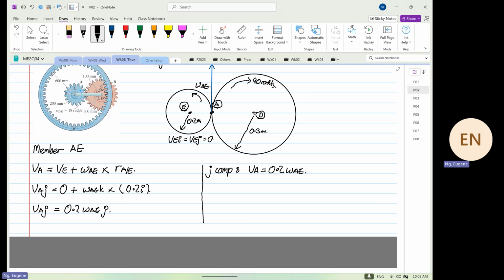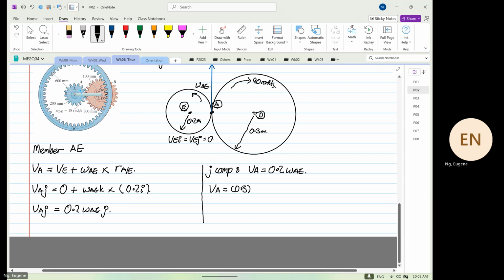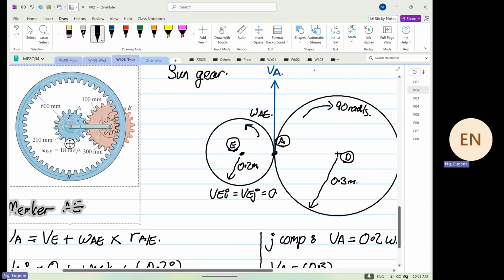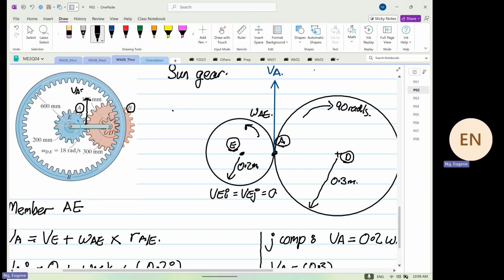So VA, we can use what? If we go back to the diagram, where the gears mesh, and this gear is pretty confusing, you have a B and you have an A, and we know that VA has to be equal to VB.